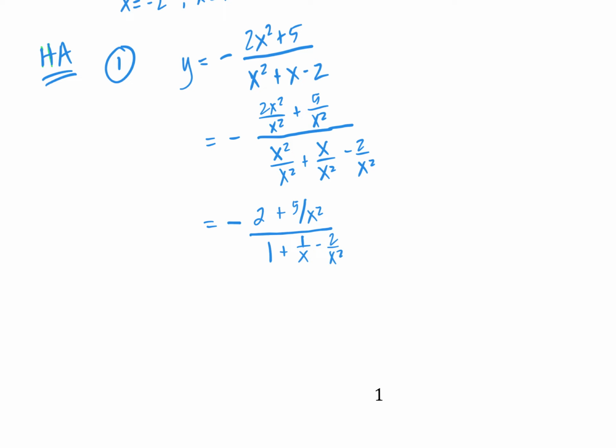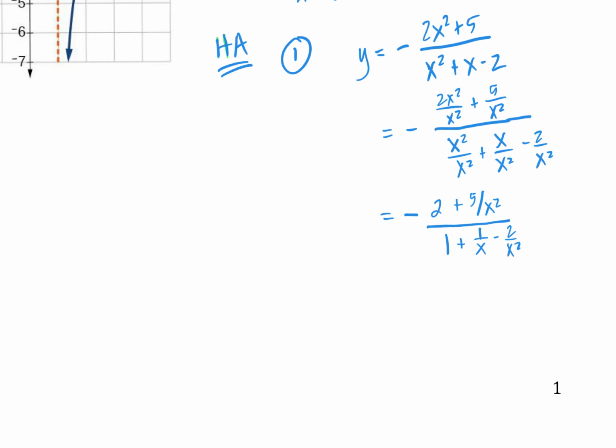Before I do that, I want you to think about something, and I'll do this off to the side. If you had a fraction where the denominator got bigger and bigger, but the numerator stayed constant. Let's just say I had 1 over 1, and then I increase my denominator, 1 over 10, then 1 over 100, and then 1 over 1,000.